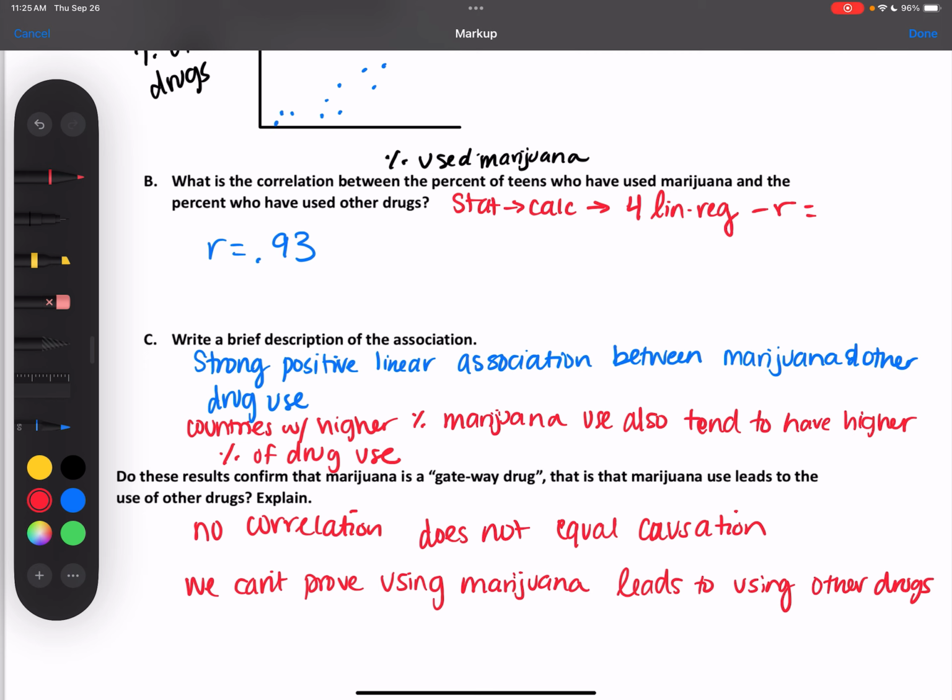Because all this tells us is the amount of people that have used marijuana and the amount of people that have used drugs, it doesn't say it's the same people. It doesn't say that of these people that have used marijuana, these have also used other drugs. We don't even know that they didn't start with other drugs and end up on marijuana. So that's why correlation doesn't equal causation. But we can see that the tendency is that countries with higher use of marijuana also have a higher use of other drugs as well.